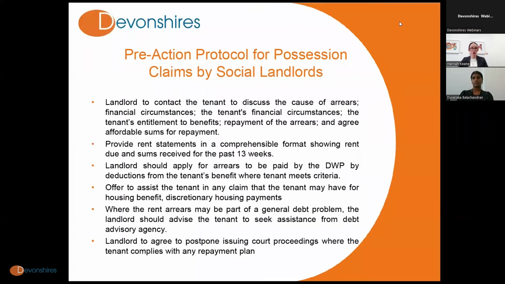Next slide, please, Duva. So just to whistle-stop tour through the protocol, the protocol suggests that a landlord should contact the tenant to discuss the cause of any arrears, financial circumstances, the tenant's entitlement to benefits, repayment of the arrears, and seek to agree some sort of repayment plan.